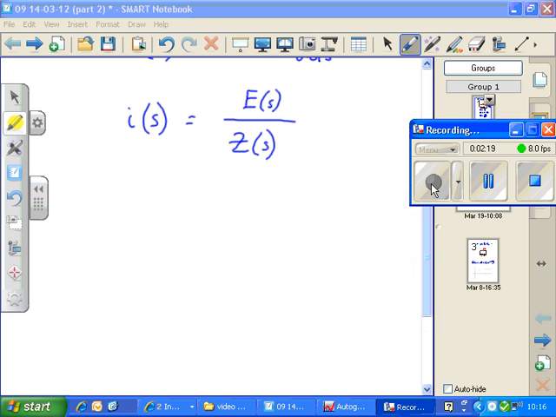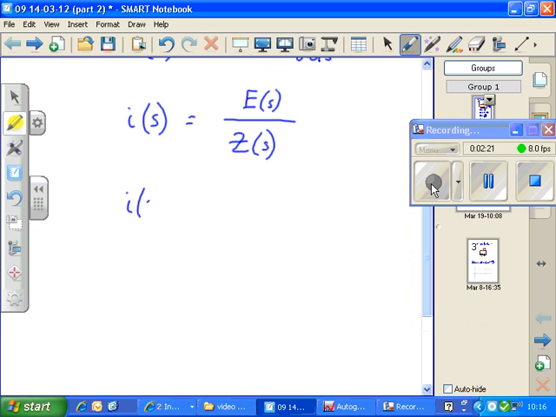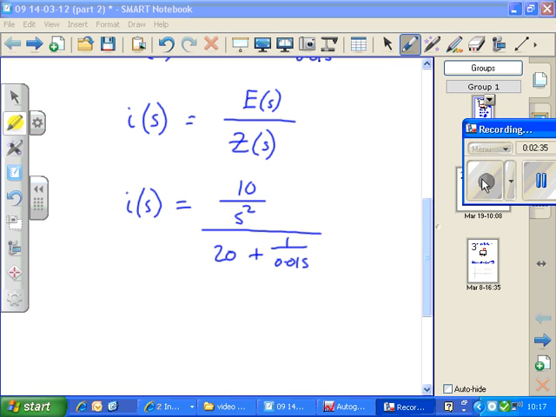So first step, we have 10 over S squared divided by 20 plus 1 over 0.01 S.